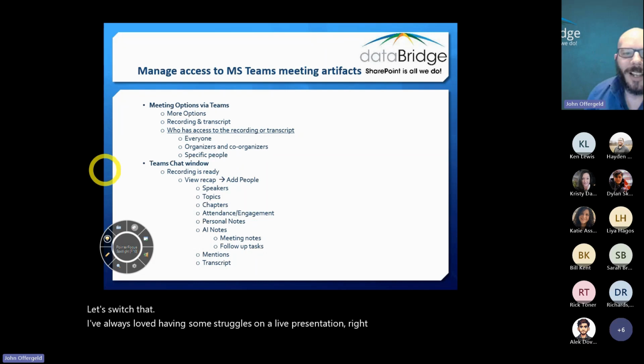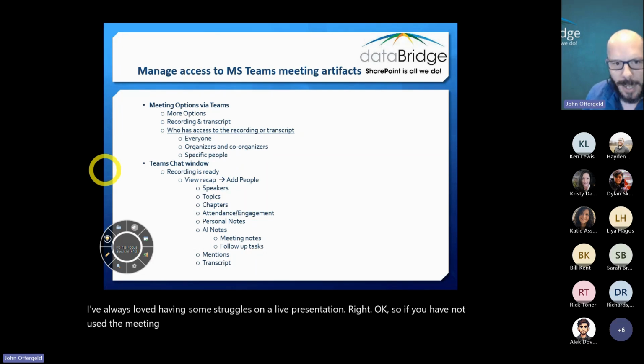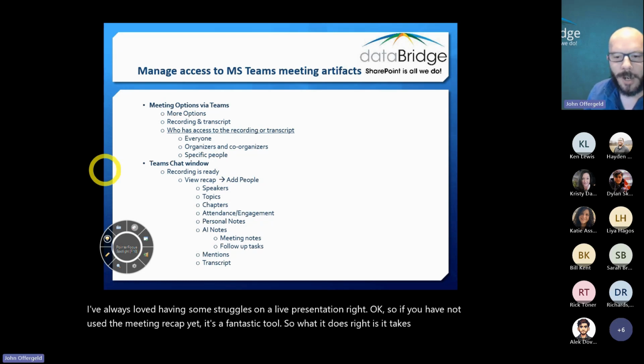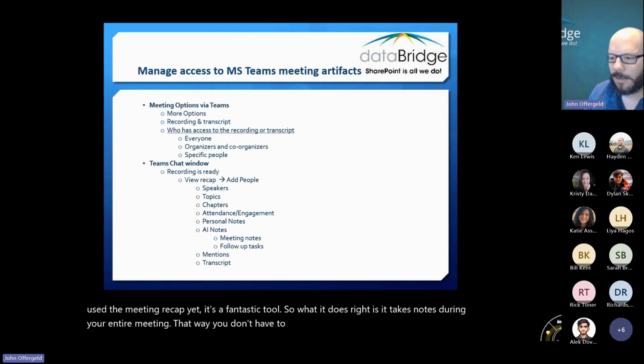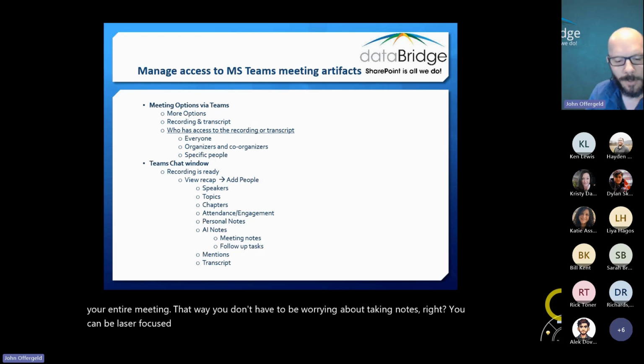Okay, so if you have not used the meeting recap yet, it's a fantastic tool. What it does is take notes during your entire meeting. That way you don't have to worry about taking notes. You can be laser focused on your meeting, focused on what's important, and it's taking notes and doing everything in the background. Great tool.